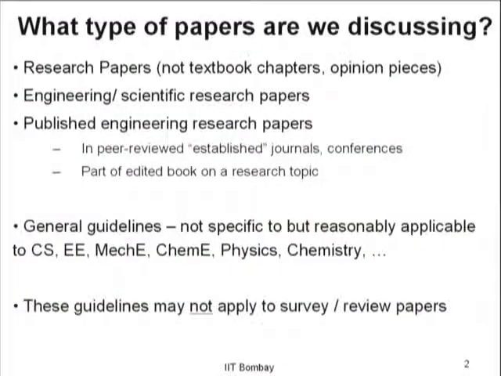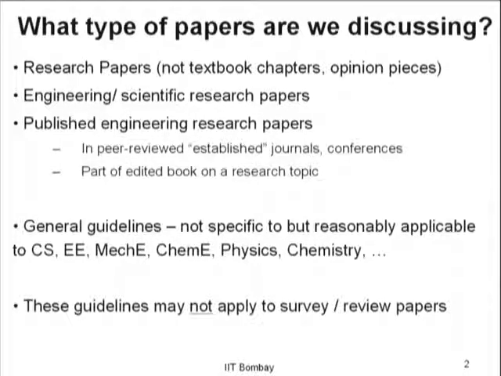What we are talking about here are engineering and science research papers that have been written in a scientific manner, and we will try very hard to restrict ourselves to published engineering research papers. And what we mean by published here is those articles that have been published in peer reviewed journals, in the so called established journals which are known in a community of researchers, or peer reviewed conferences.